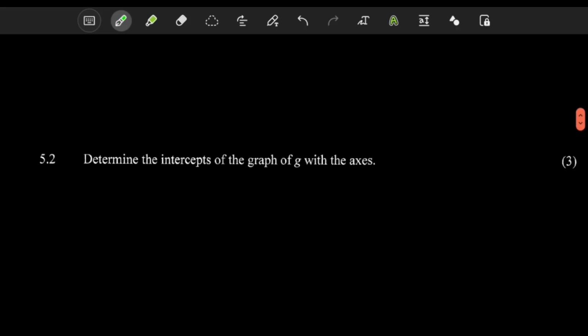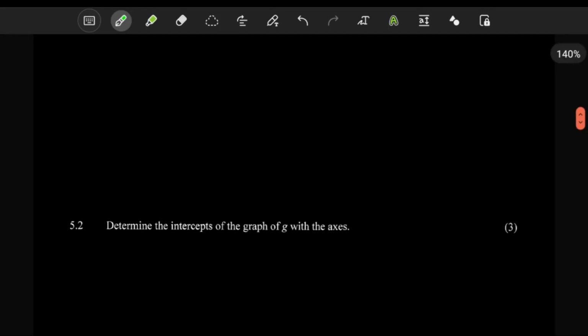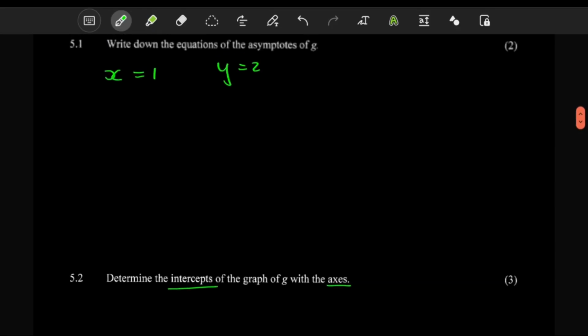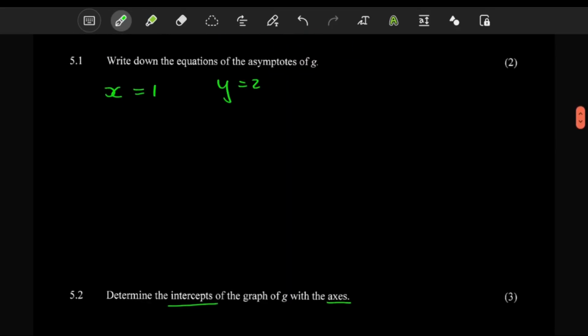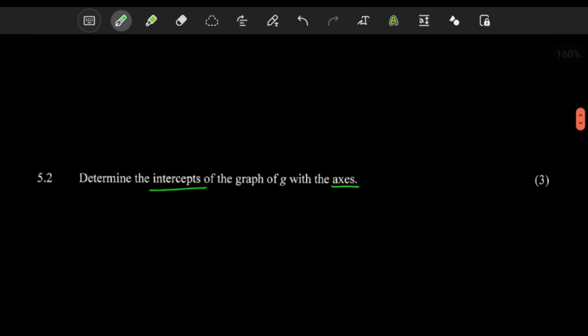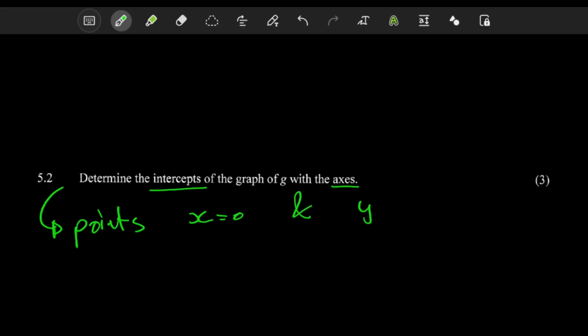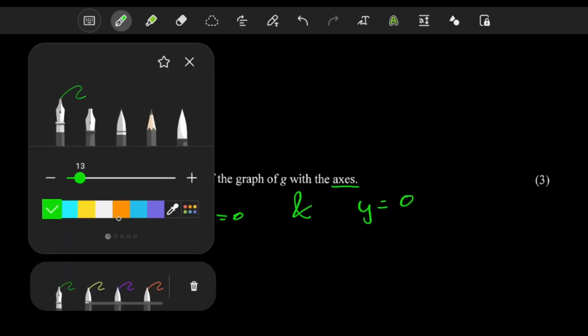So for 3 marks here, they said determine the intercepts of the graph of g with the axes. The intercepts with the axes are points where the graph has an x value of 0 and where the graph has a y value of 0.